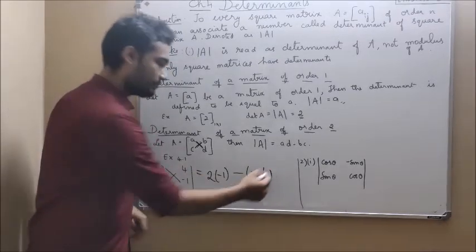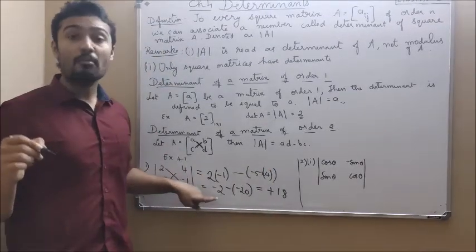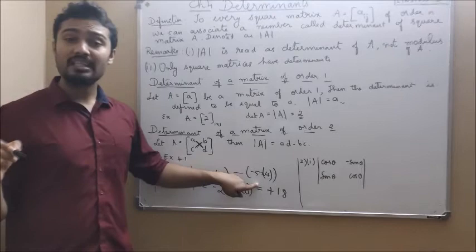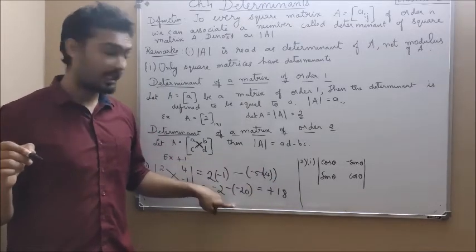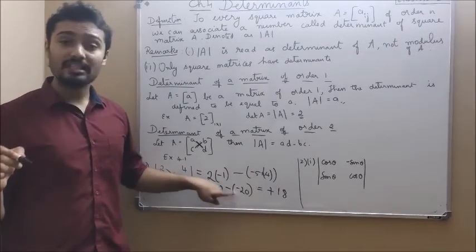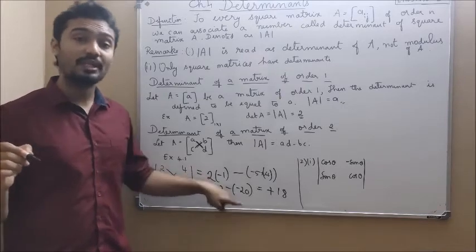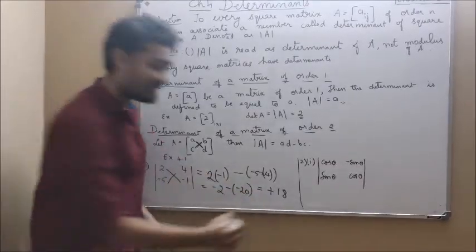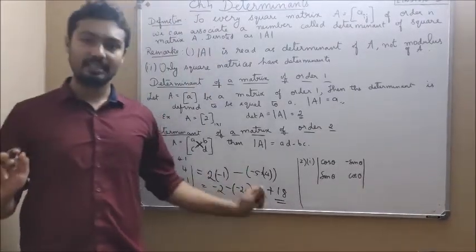So it is minus 2 minus 5 into 4, which is minus 20. Minus of minus is plus, so minus 2 plus 20 is plus 18. So this is the determinant.